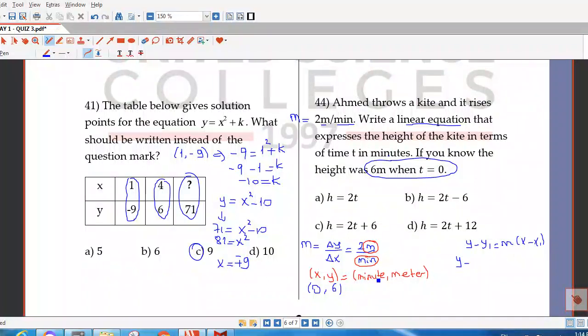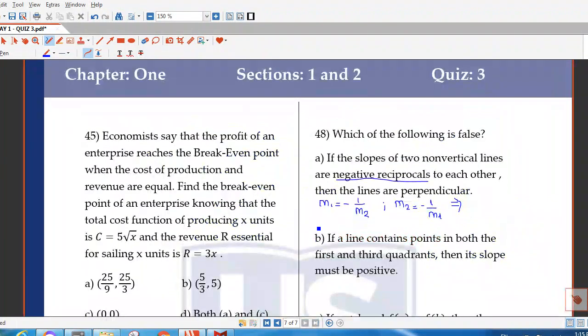Y minus 6 is equal to slope times (x minus 0). Y minus 6 is equal to 2x, so y is equal to 2x plus 6. If we look at our question, y is going to be used as a meter, which is h, and minute is going to be t. If I change my variables here, h is equal to 2t plus 6 will be the answer. Answer of question 44 is C.